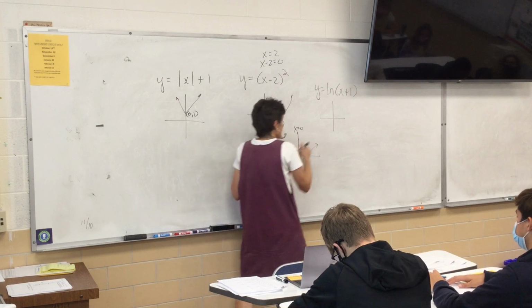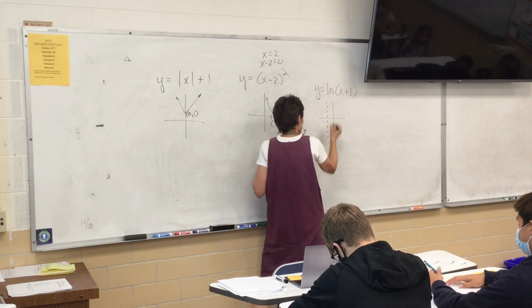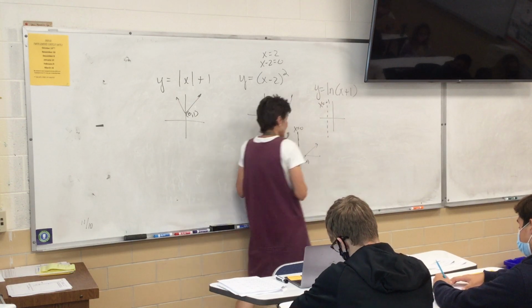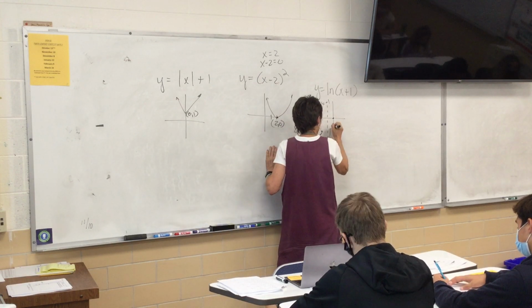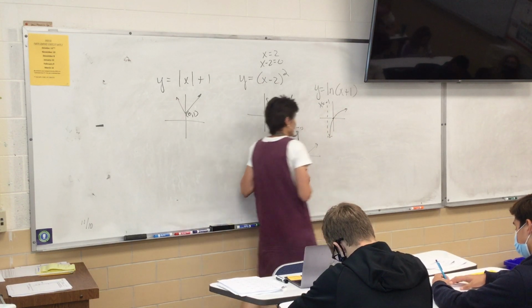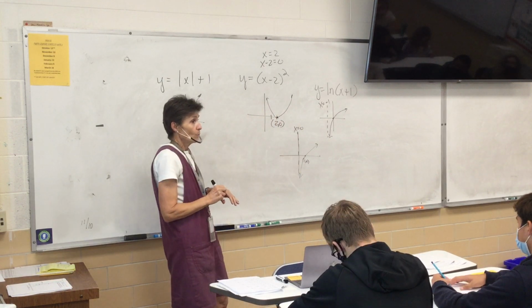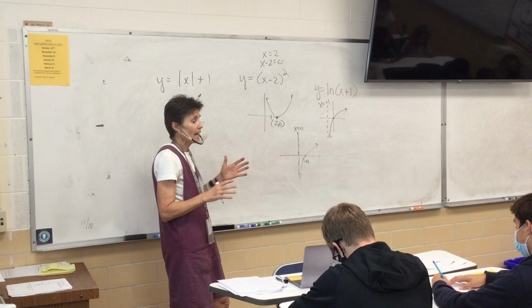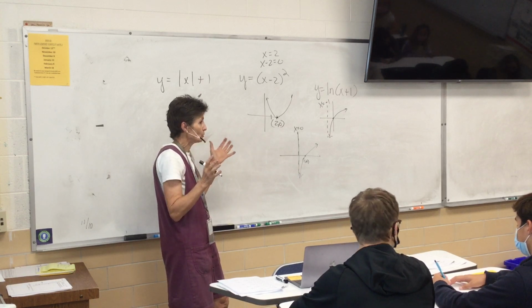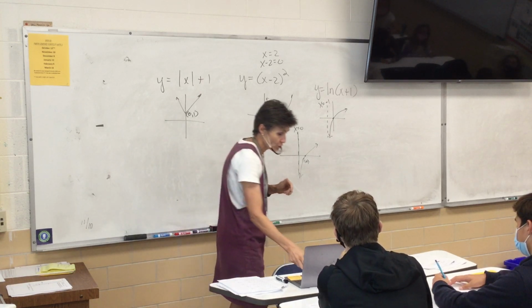Which means that the asymptote is now at -1, and the intercept is now at 0. When you move the picture, you move it all. Asymptotes, everything moves when you shift your picture.